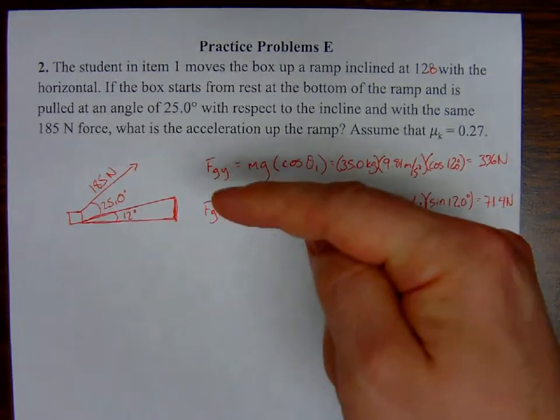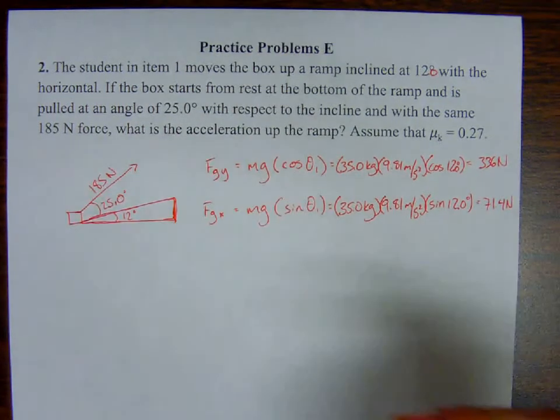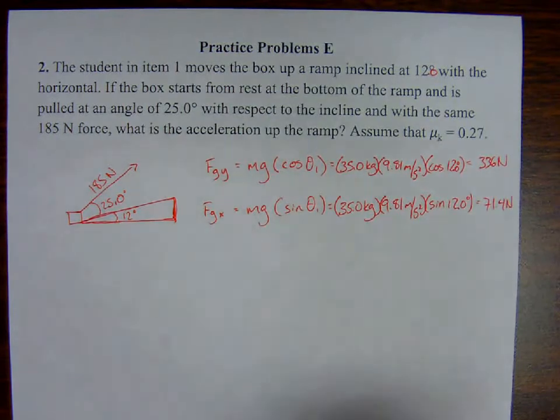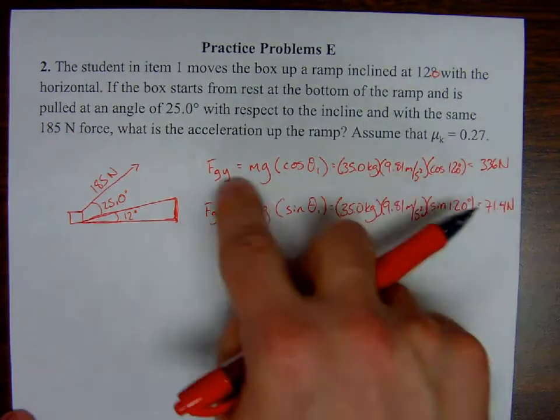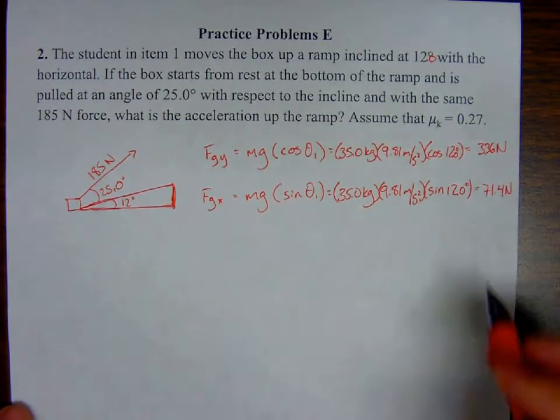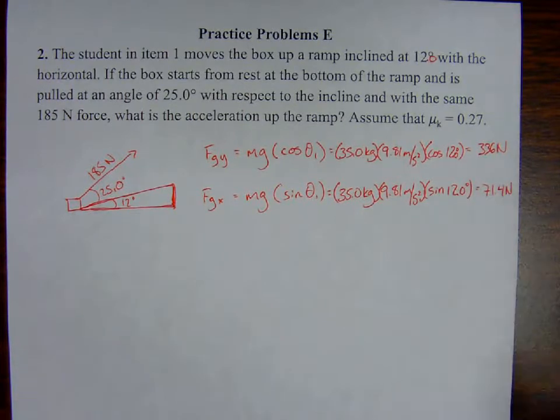Now, if you remember our strategy from practice problem number 1, we're ultimately going to calculate the acceleration by using F equals ma, specifically net force in the x direction. We can solve it to get acceleration, but before we can do that, we have to figure out what the net force in the x direction is.